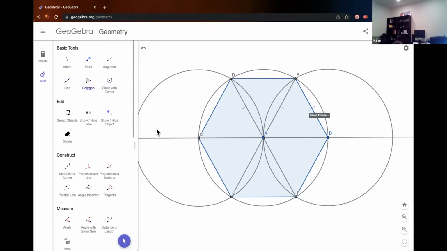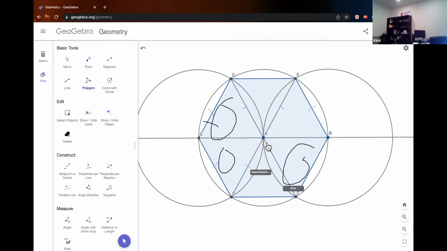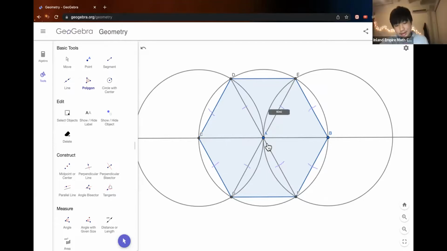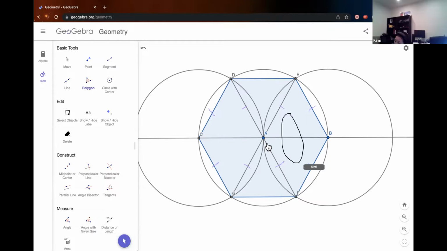Wait, I'll show you. This triangle, this triangle, this triangle, and this triangle are the same, right? Mm-hmm. This triangle and this triangle we don't know. Yep. But since these 2 are the same, there's no possibility of those 2 being incorrect.